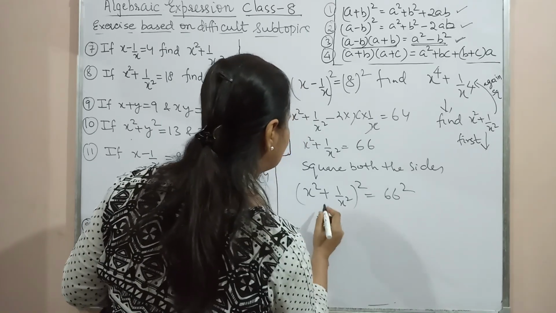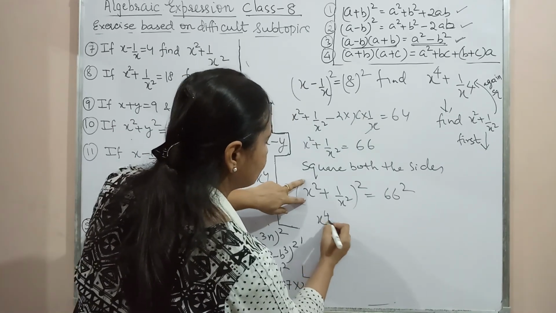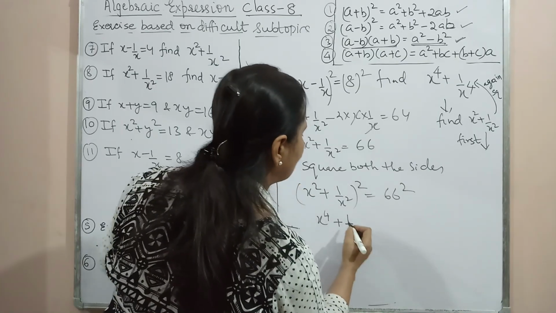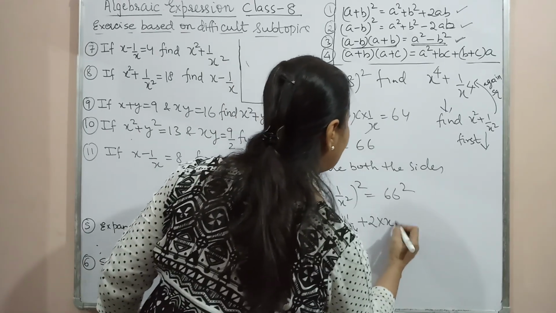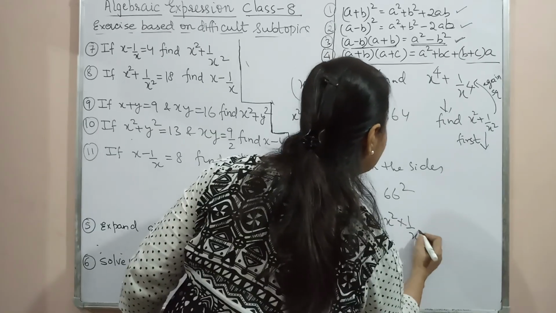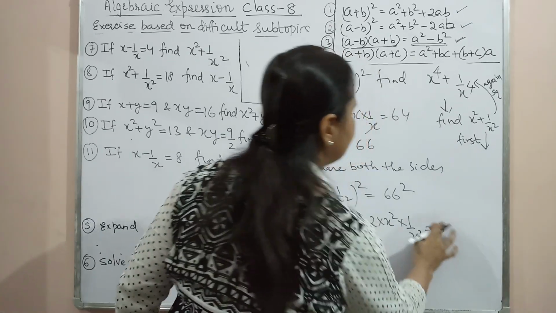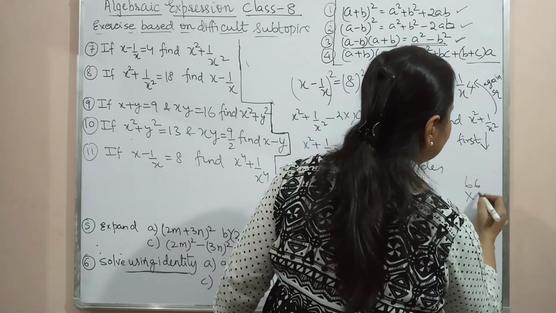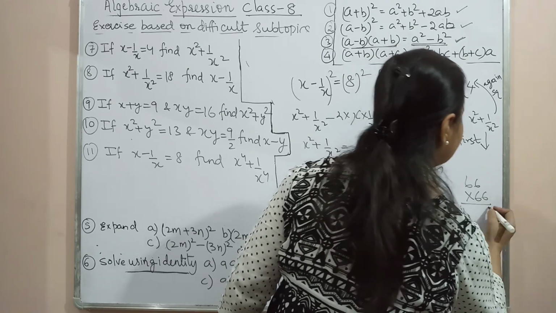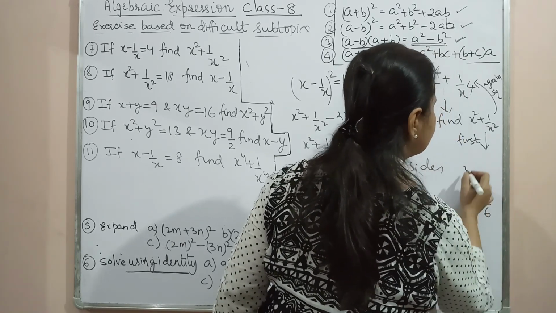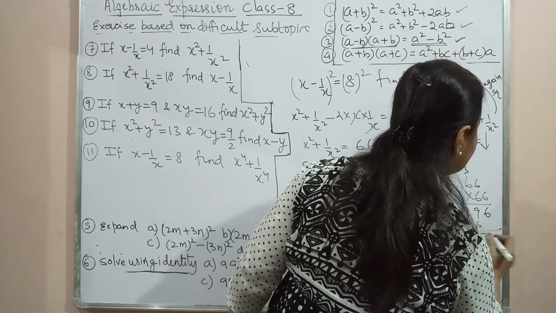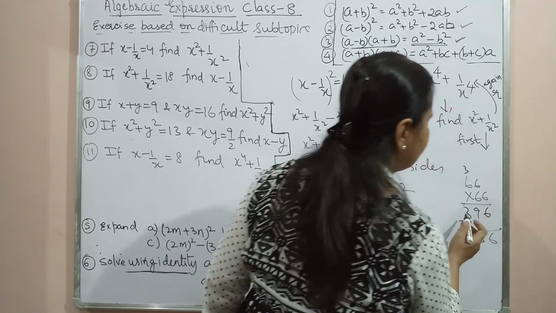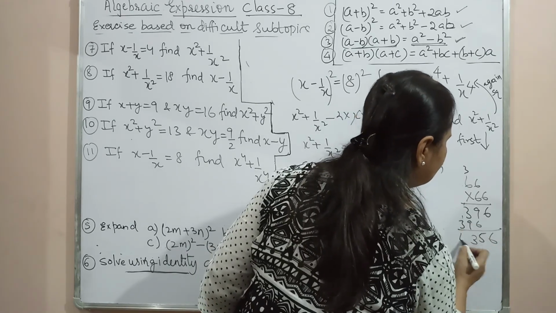So this is x to the x square, whose square will be x to the 4. The whole square of 1 upon x square will be x to the 4 plus 2 into x square into 1 upon x square is equal to the square of 66. 6 sixes are 36, 3 sixes 36, 37, 38, 39. So 3 nines, 6, 15, 1 nine, 10, 11, 12, 13, 1, 3 and 4.